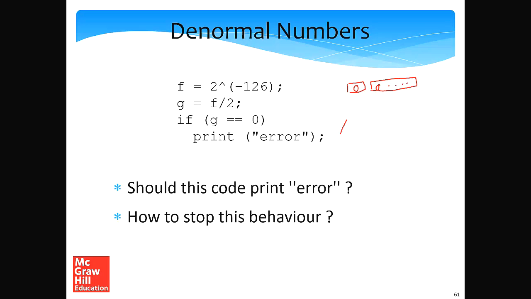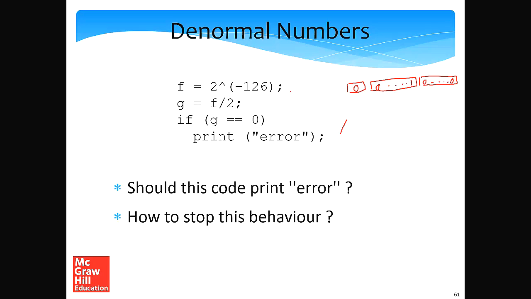So basically, this is -126. This is the exponent, and the smallest mantissa that we can have in a positive setting is all zeros. So assume that f is one such number, the smallest normal floating point number. So we have a floating point f equal to 2 to the power -126.